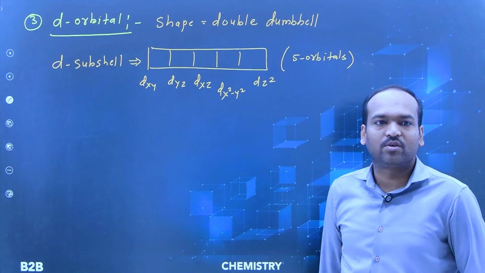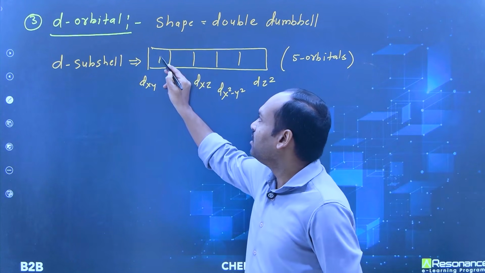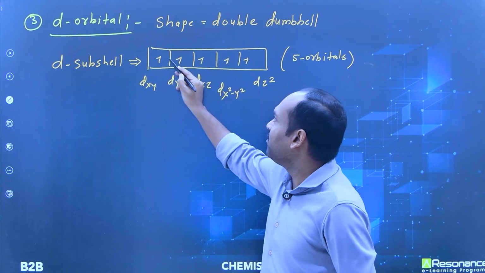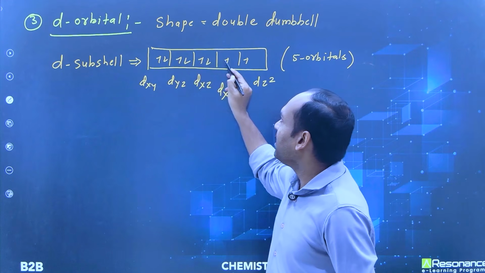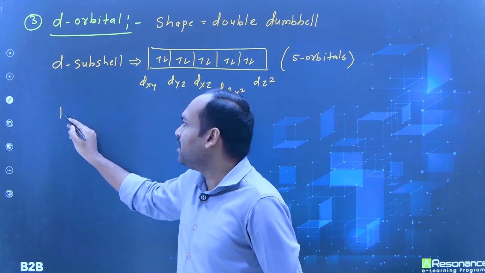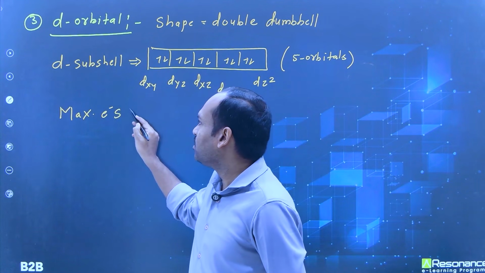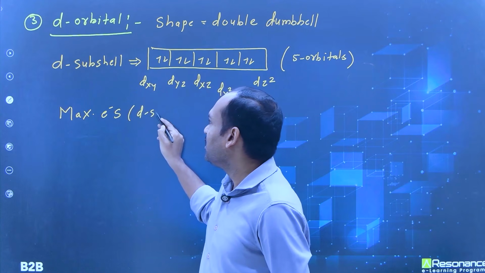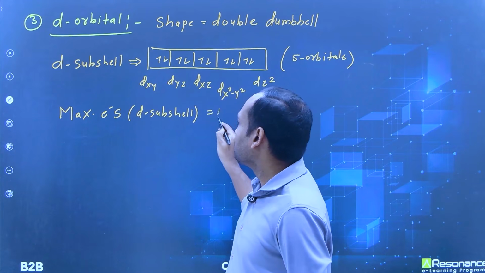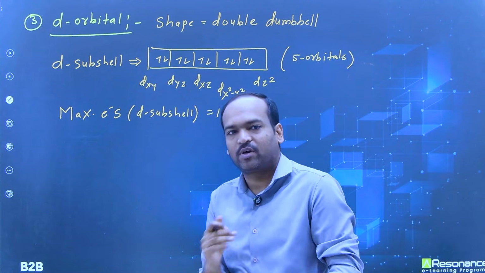How many electrons can be accommodated? 10: 1, 2, 3, 4, 5, 6, 7, 8, 9, 10. So the maximum number of electrons possible in a d subshell is 10. Can I say there's an arithmetic progression going on?